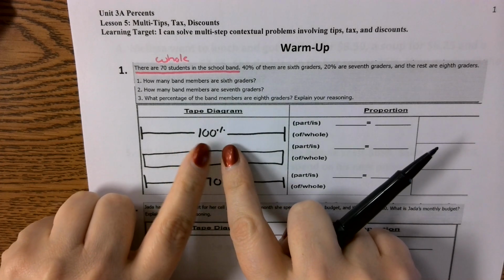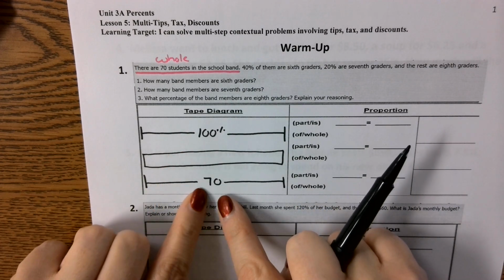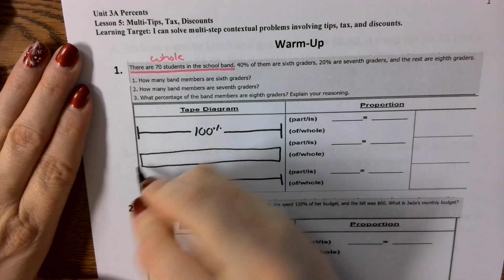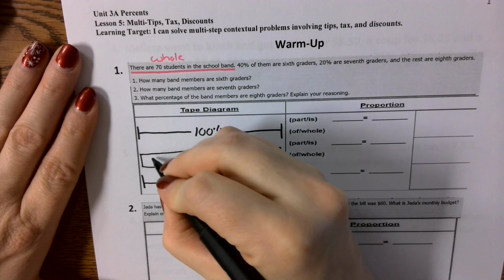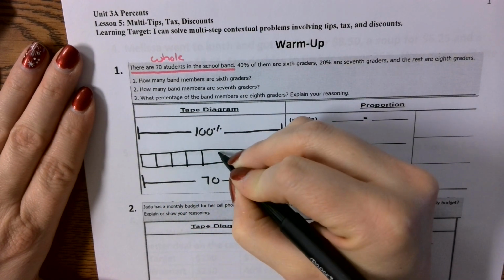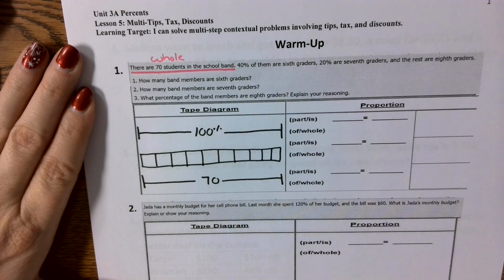Well, I could split them into 10 boxes because both 100 and 70 are divisible by 10, so I can have equal sections. So I'm going to split this up into 10 boxes. So I got 1, 2, 3, 4, 5, 6, 7, 8, 9, 10.